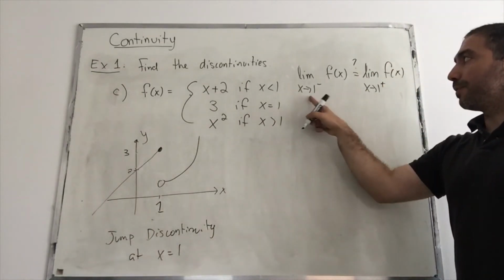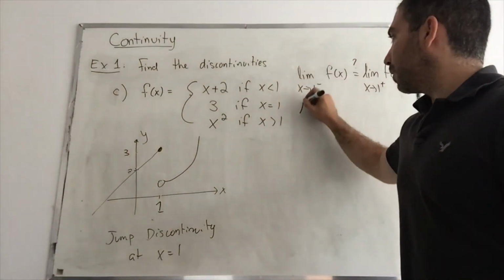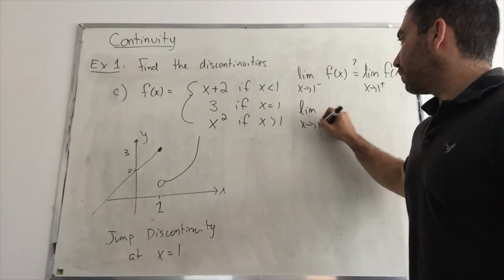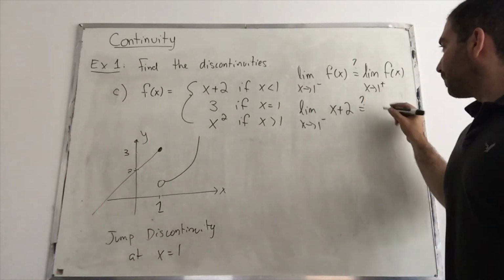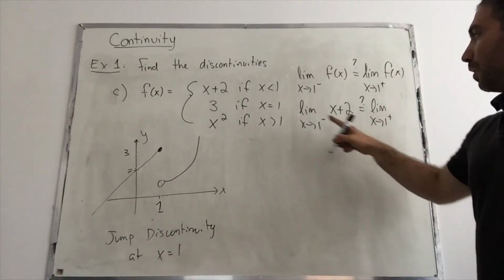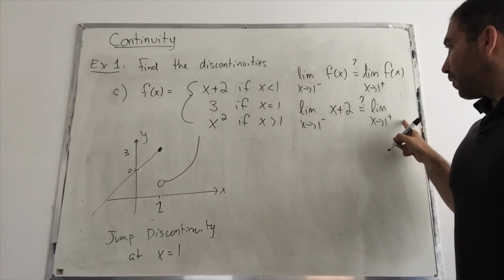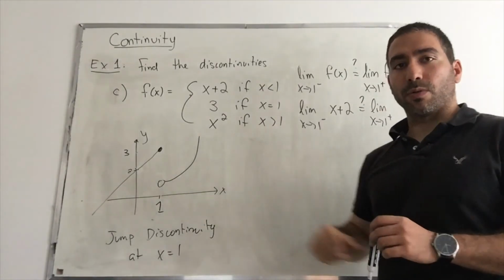Since we're taking the function from the left, so a value that's smaller than 1, we're using this function here on top. So limit as x approaches 1 of x plus 2, is that equal to limit as x approaches 1 from the positive side now? And since it's 1 from the positive side, slightly bigger than 1, we're using the function x squared.